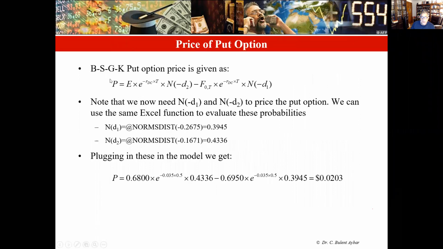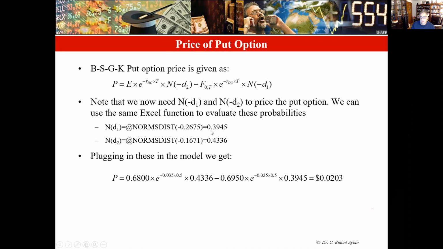The price of the put option is slightly different. We can calculate the put option by using the put formula, which is this version in here. As you see, there's a slight difference. Instead of using D1 and D2, we're going to use minus D2 and minus D1. And those probabilities can be evaluated by using the Excel function.